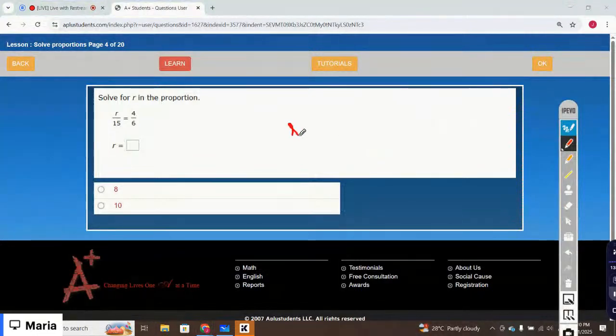You need to calculate R, that is 15 times 4 over 6. So which is the correct option?